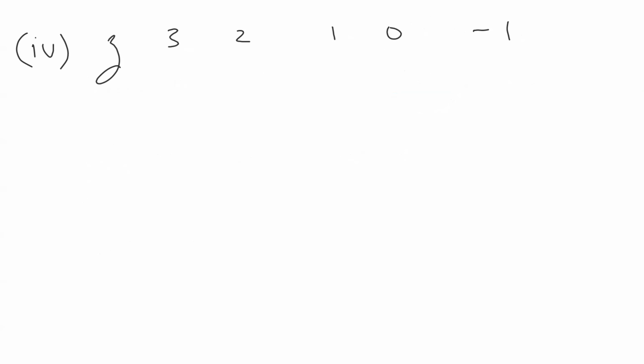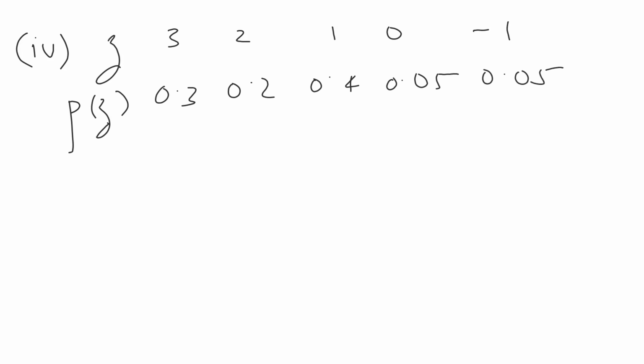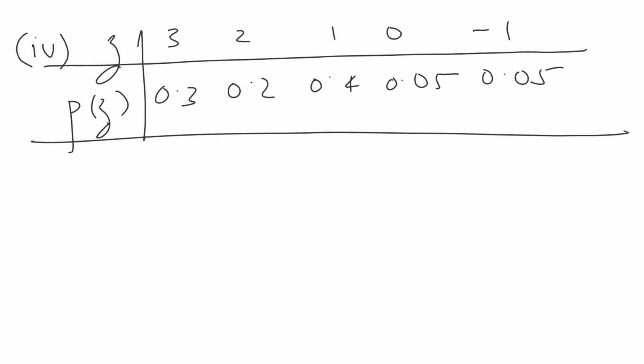And probability of z is 0.3, 0.2, 0.4, 0.05, again 0.05. This table is given to you, so we need to find out whether it is a proper probability distribution or not.